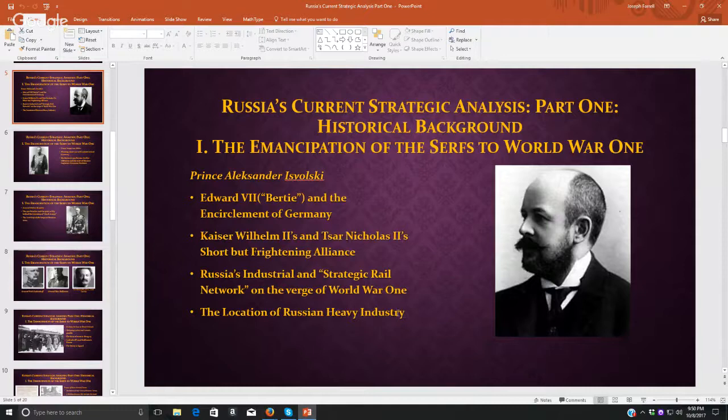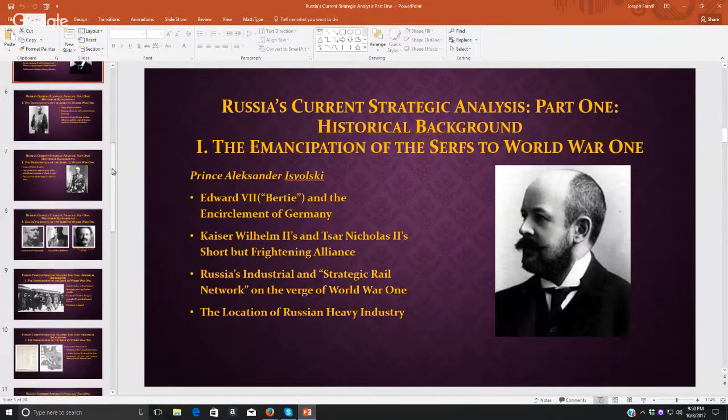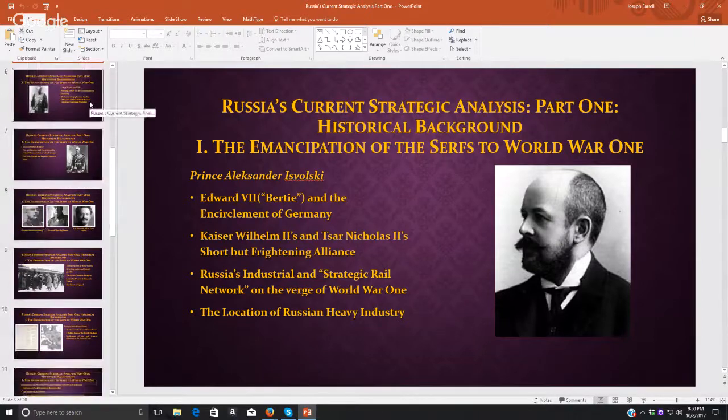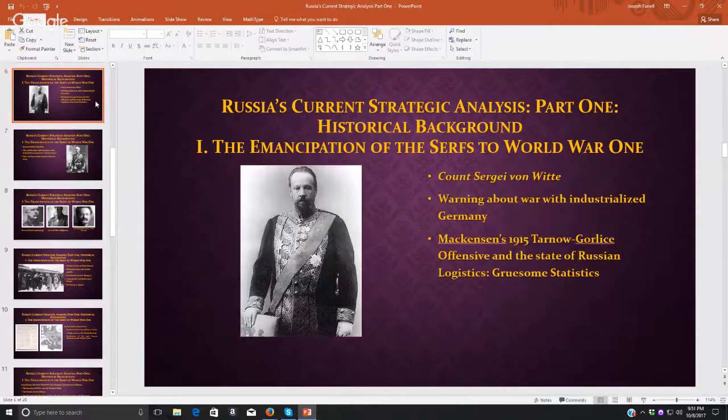This is going to be a key, crucial factor in the interwar period for Russia between World War I and World War II. So Alexander Izvolsky is the point man for the United Kingdom in bringing Russia into the system of alliances that will inevitably embroil it in World War I and lead to the disaster that we know as the Soviet Union.